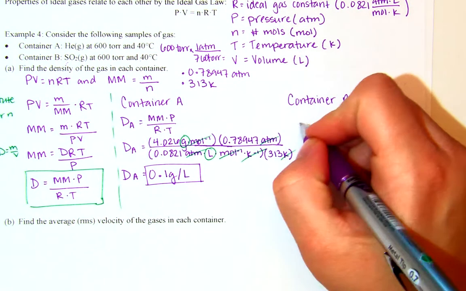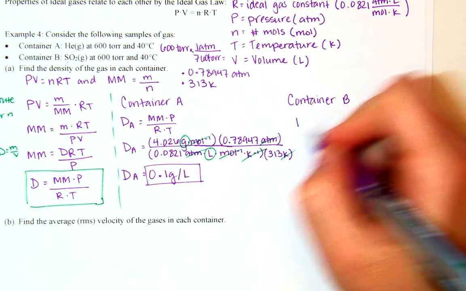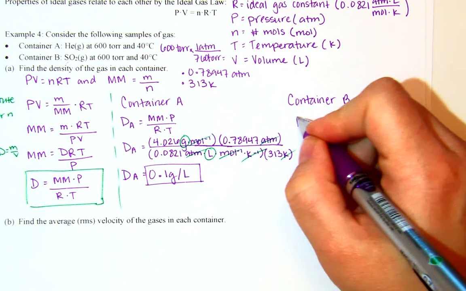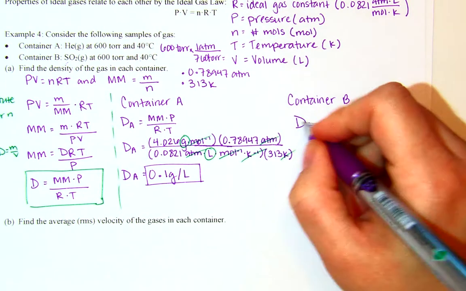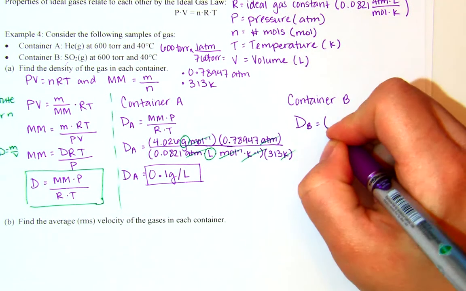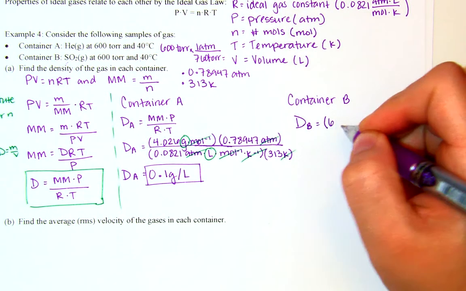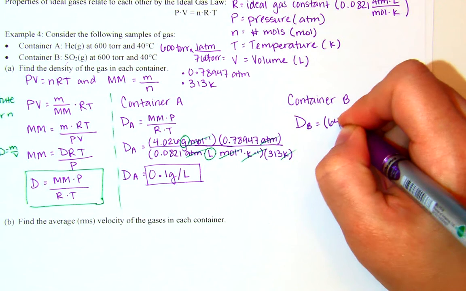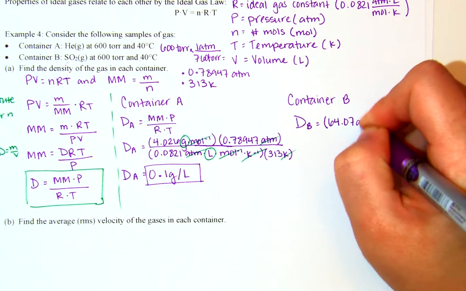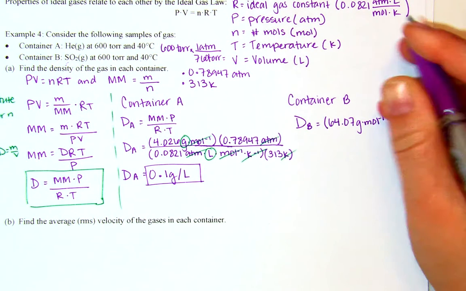Okay, hopefully you were able to get the density for container B, so let's review. So the density in B, we're just going to plug in our molar mass that we looked up from the periodic table and add it all together. So it's 4.07 grams per mole.